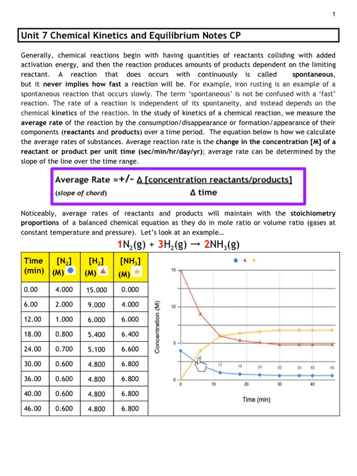And then NH3 is going to increase over time because it's the product, and it's going to increase twice as fast compared to N2. So you'll notice the proportions all working out with the stoichiometric coefficients.